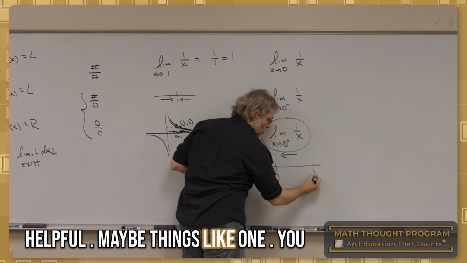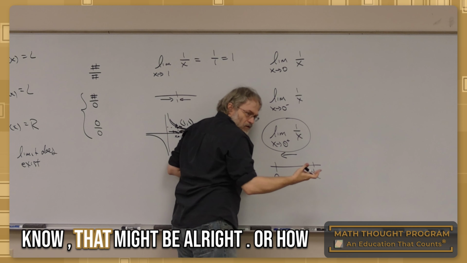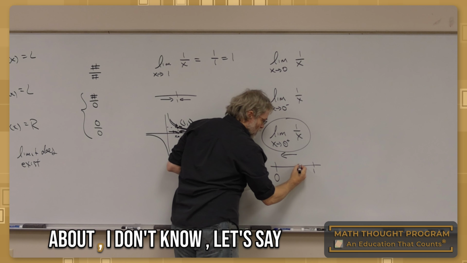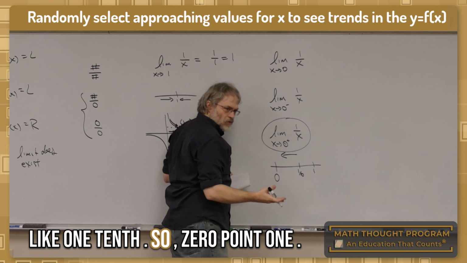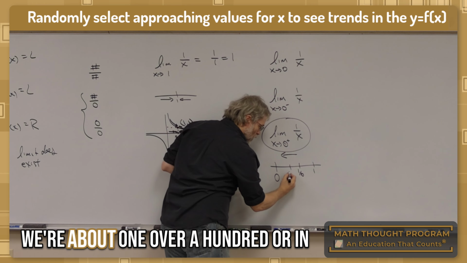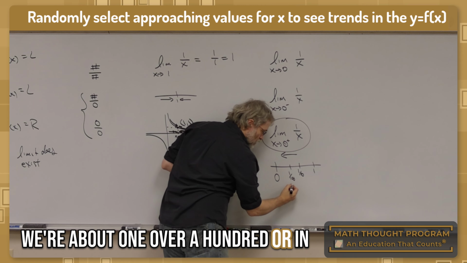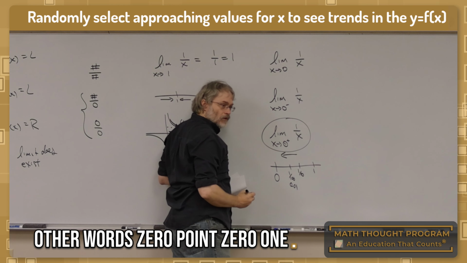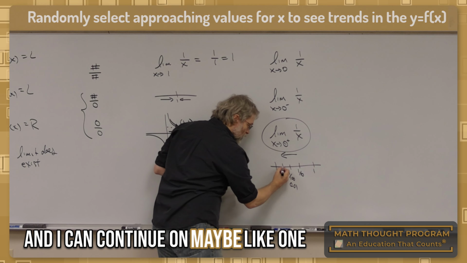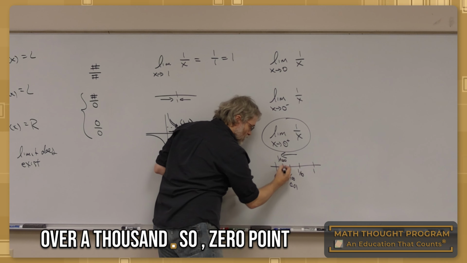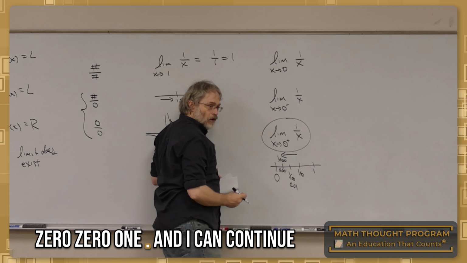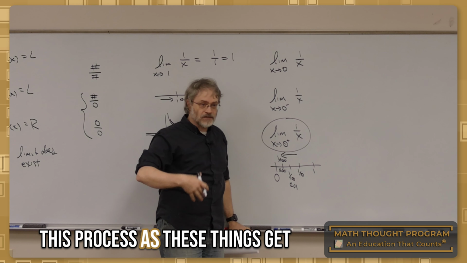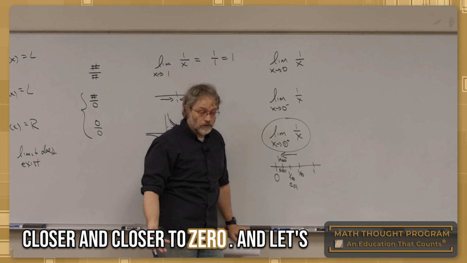Maybe things like 1. You know, that might be all right. Or how about, I don't know, let's say like 1/10, so 0.1, or about 1 over 100, or in other words, 0.01. And I can continue on, maybe like 1 over 1,000, 0.001. And I can continue this process as these things get closer and closer to 0.